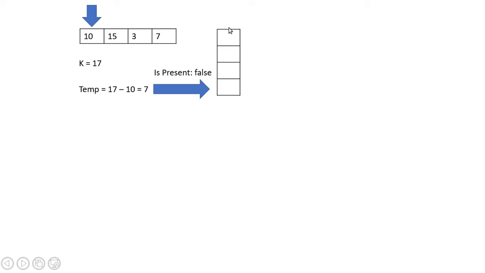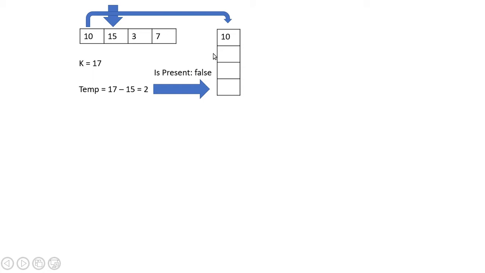Since it is not present, we will store the number 10 in the hash set and move to the next element in the array. I will take the difference of my k and the current array element, that is 15. So we will check if 2 is present in the hash set.